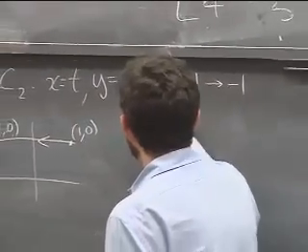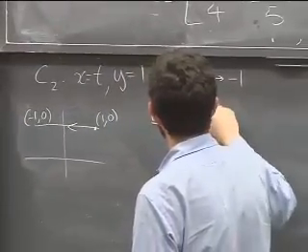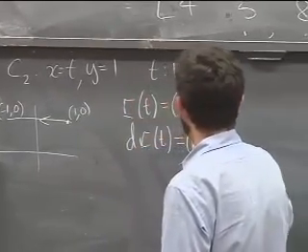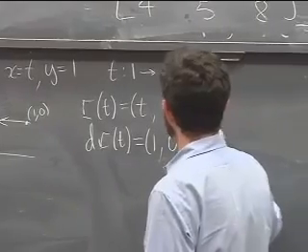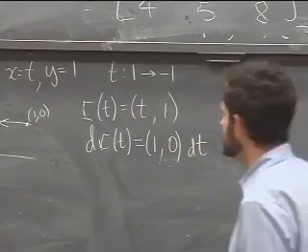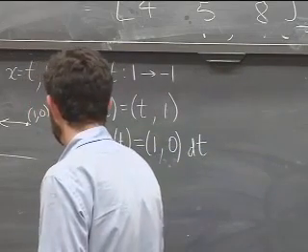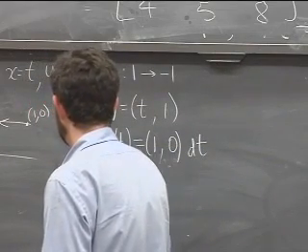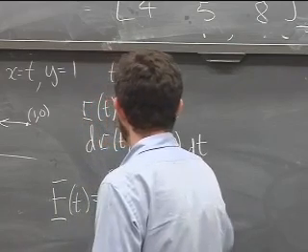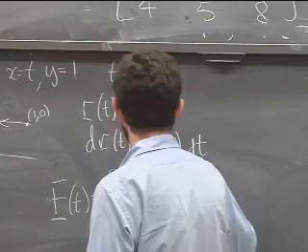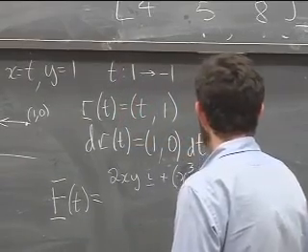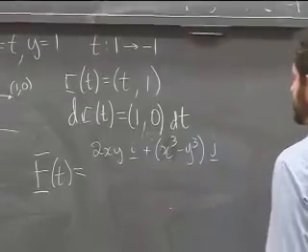So the r vector is very simple. It's (t, 1). dr is (1, 0) dt. I just differentiated t to get 1 and 1 to get 0. Also f: I've got to take this, 2xy i plus (x cubed minus y cubed) j, and substitute x equals t and y equals 1.